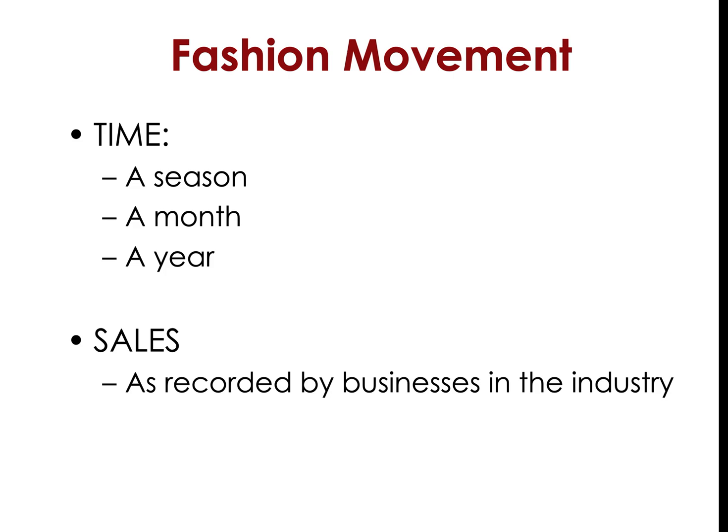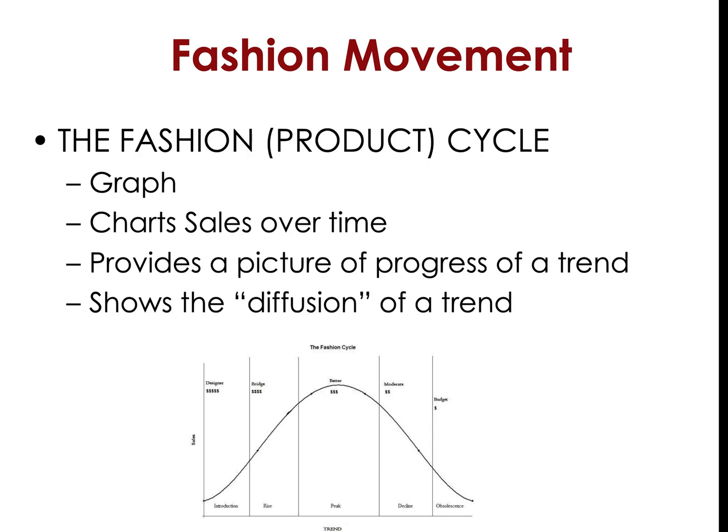We can measure it over a month, over a year, over a week, doesn't matter. But it gives us an indication of how far along this cycle we are, whether or not consumers are still purchasing it, whether or not the demand for that product has slowed down, etc. And we usually look at what sales are recorded by the businesses in the industry.